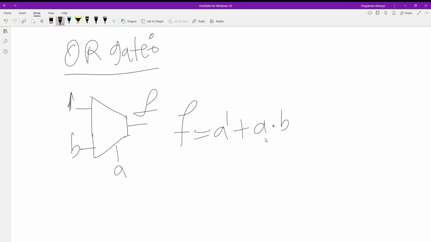But I thought I said I was going to give you the OR gate. Well, let's just do a little bit of Boolean algebra here. Again, it shouldn't be apostrophes, it should be bars.